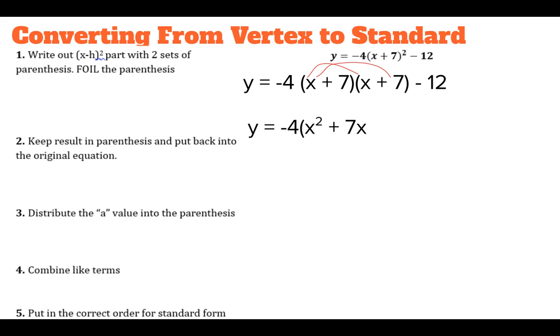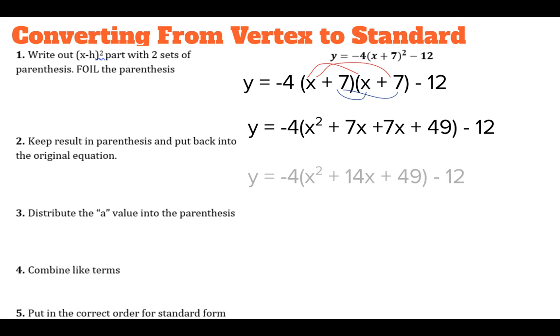I leave the negative 4 on the outside, so it's going to be x squared plus 7x. Then I distribute the 7 into the second parenthesis, and I get 7x plus 49. I keep that in parentheses, and I'm going to have minus 12 at the end. Inside the parentheses, I have those two 7x's, so I'm going to combine them to 14x.